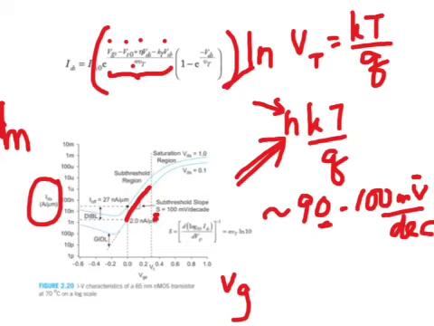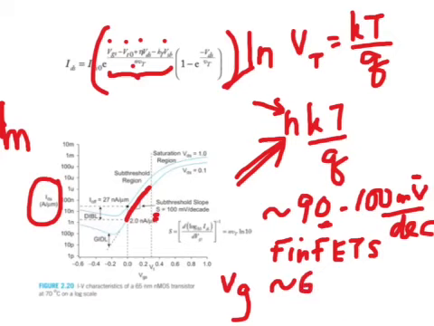And if you watch the video on FinFETs, which are a popular next generation alternative transistors, FinFETs are anticipated to be more efficient devices, efficient in the sense of having less leakage current, because the subthreshold slope for FinFETs is in the regime of 60 millivolts per decade, and so the subthreshold current drops more rapidly with small changes in Vg.